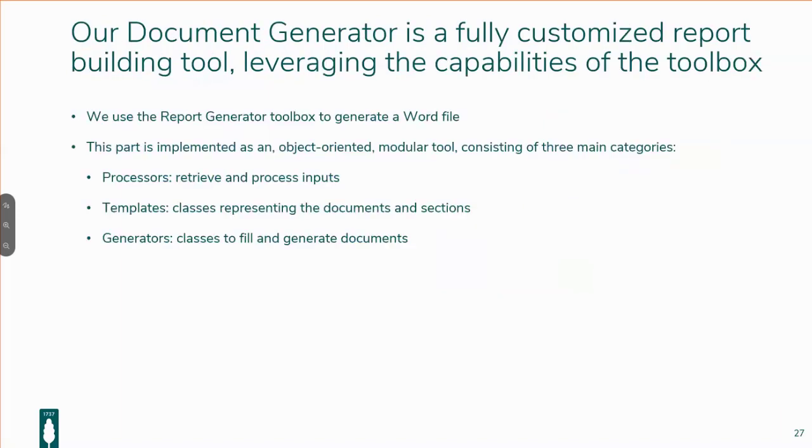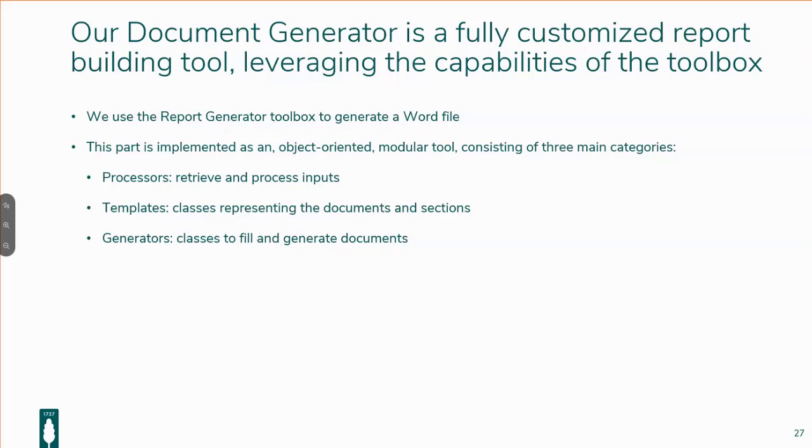So much for the front end of the tool. So let's go to the back end, which is the actual document generating part. Our document generator is a fully customized report building tool which leverages the capabilities of the Report Generator toolbox.